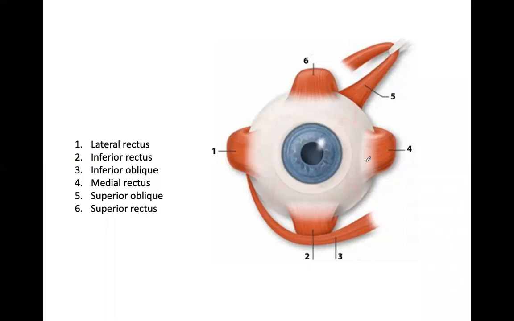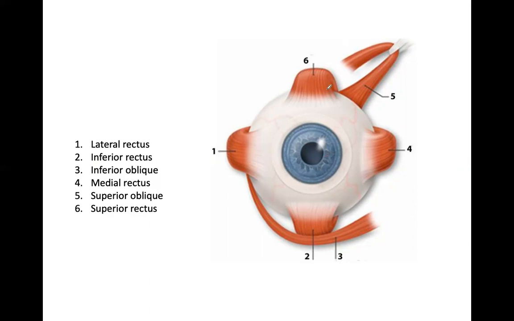Now moving to your eye. When you look at the eye, we have 6 extrinsic muscles. These are the muscles that are connected to the white of the eye, or your sclera, and basically give you the rotation or the movement associated with your eyes. Now 4 of these muscles are pretty easy because they literally are positioned at a 90-degree angle from one another.